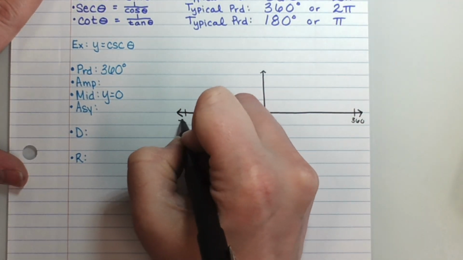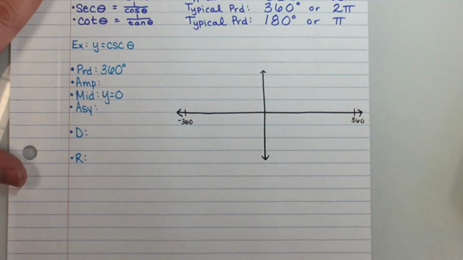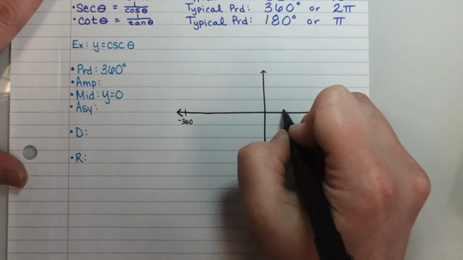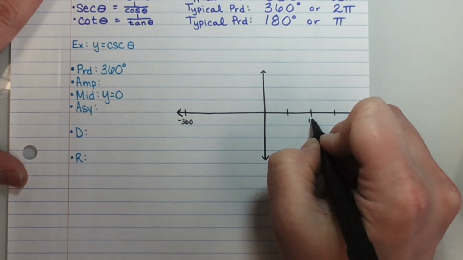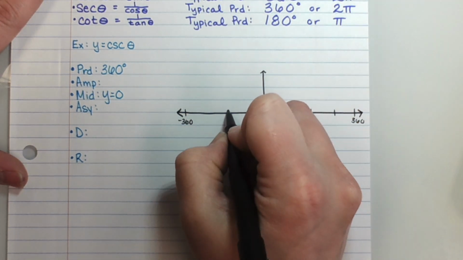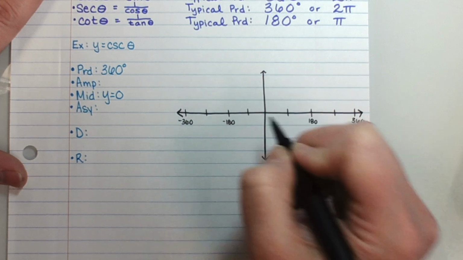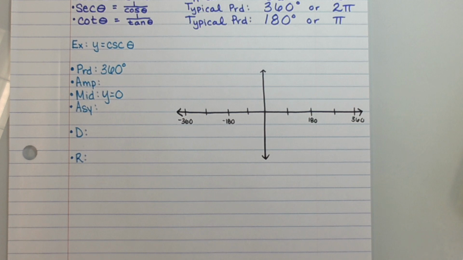On the far left side I put negative 360, and I divide each of those into 4 parts, labeling every other, because each side represents one period of the graph. And when I graph these, I want to see 2 periods. The key things that each of our trig functions do, they do at the quarter marks of the period.